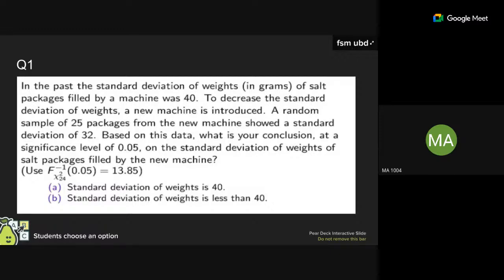When you see words like high, increase, hike, more than, greater than, greater, maximum, it goes the other way, greater than.